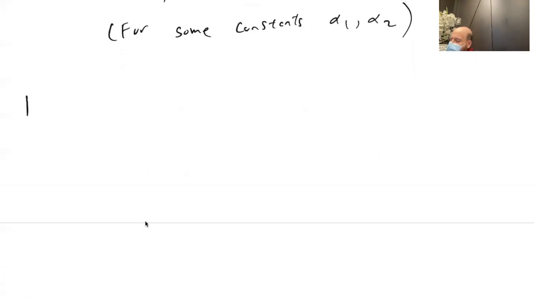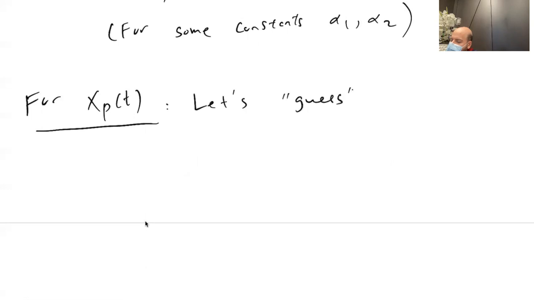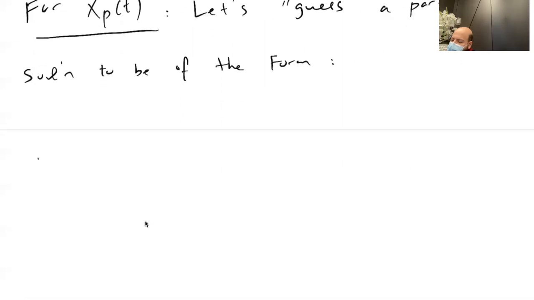So for xp of t, let's guess a particular solution to be of the form xp of t equals (a1 t plus b1, a2 t plus b2).